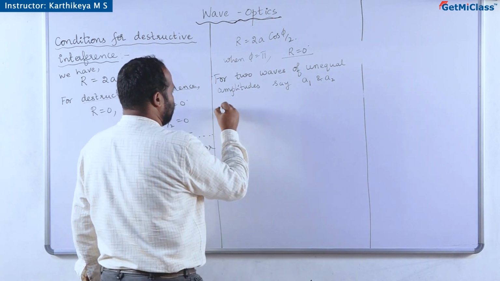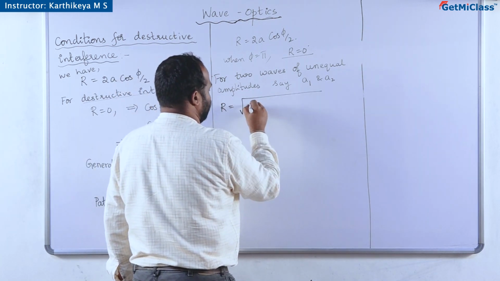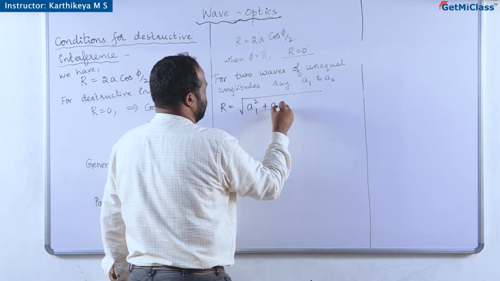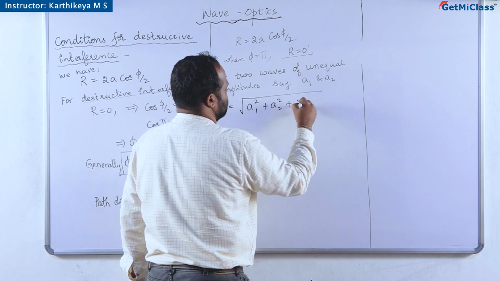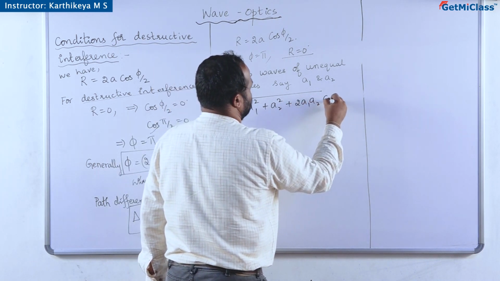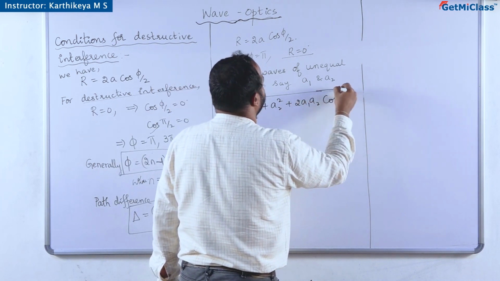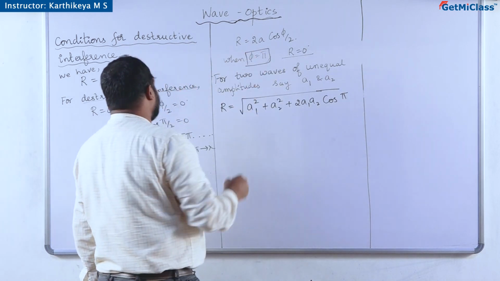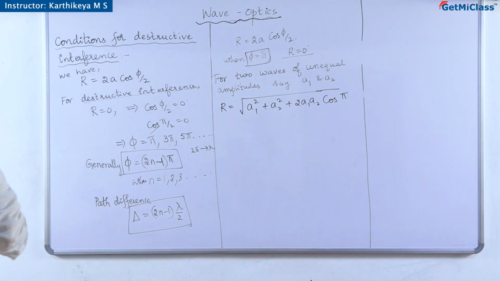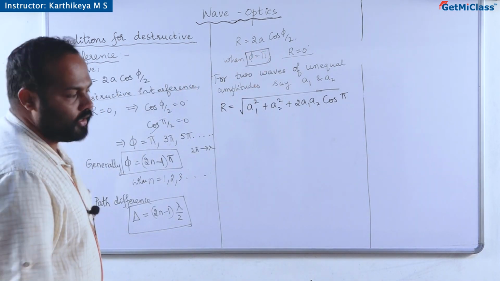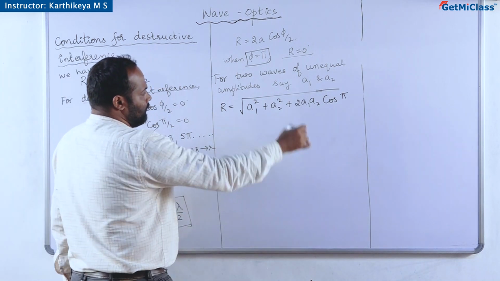The resultant amplitude is root of A1 square plus A2 square plus 2 A1 A2 cos pi, because the phase difference should be pi.